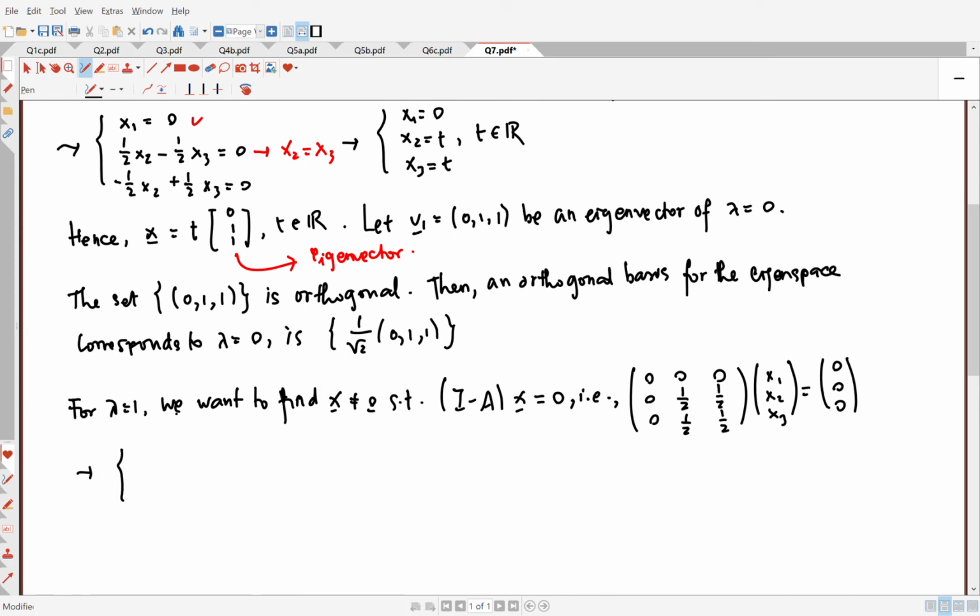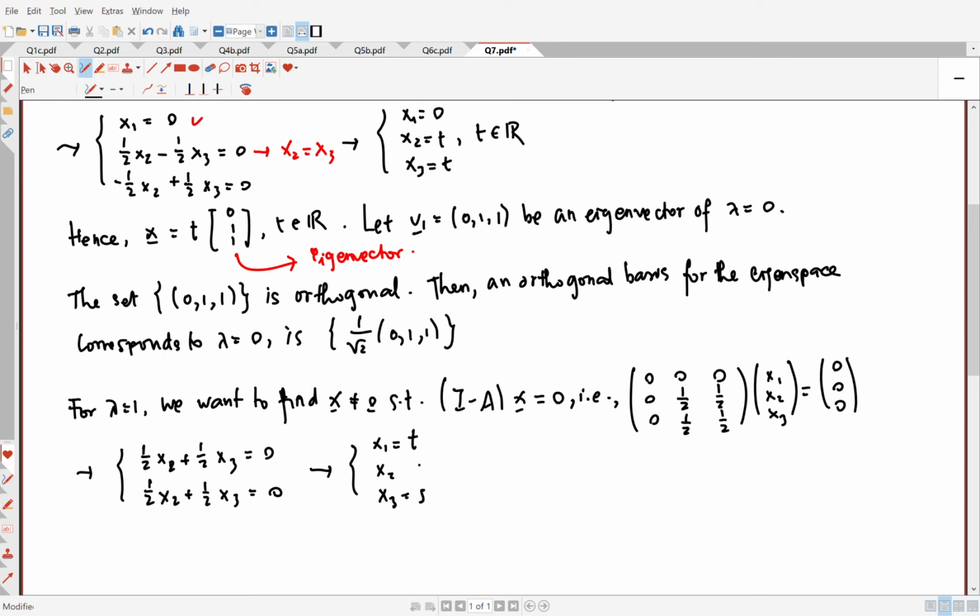The first row gives me 0 equals 0, so there is no information. The second row and third row are the same. So this has no restriction on x1, so I can let x1 be a free parameter. For x2 and x3, I make one of them a free parameter.